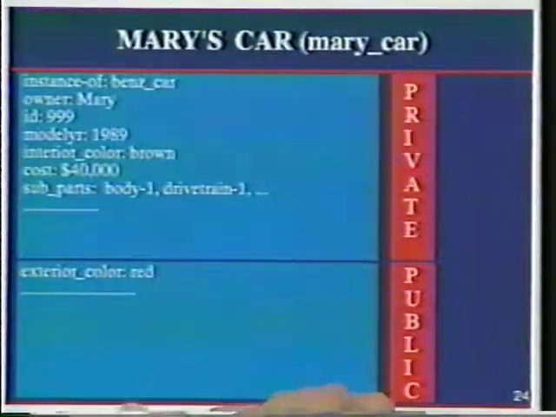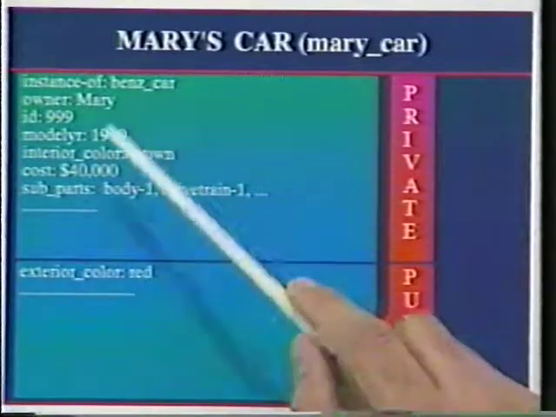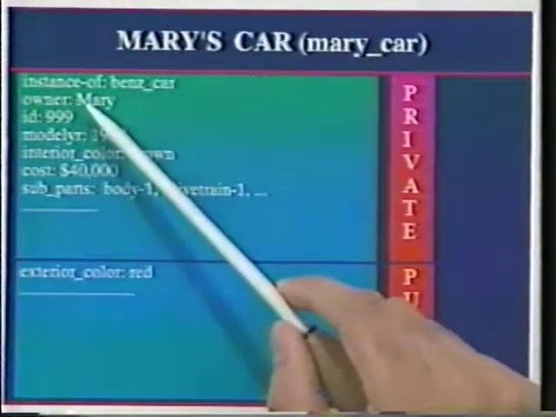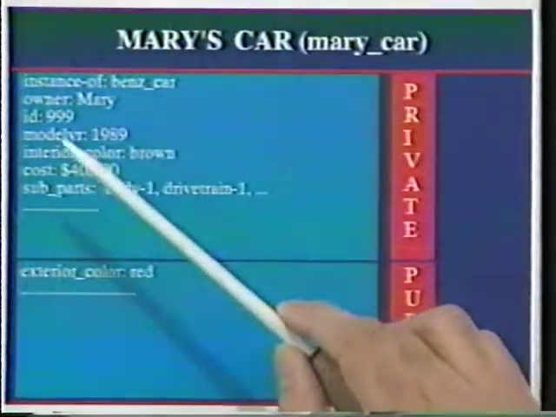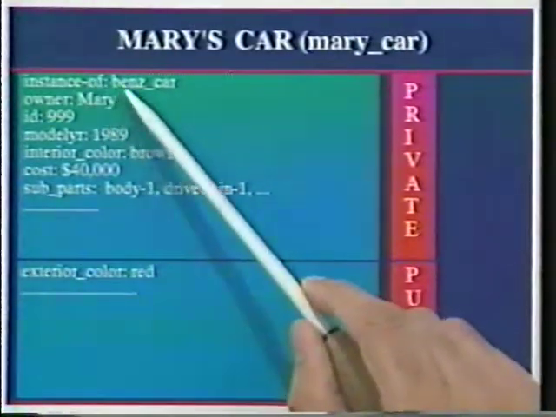Okay, now let us look at Mary's car. What we do now is to define Mary's car as an instance of BENZ CAR. Mary's car, we don't copy all the things which are in BENZ CAR, but only those parts that are to be modified in Mary's car. The things that need to be modified are the instance of which is the same BENZ CAR.